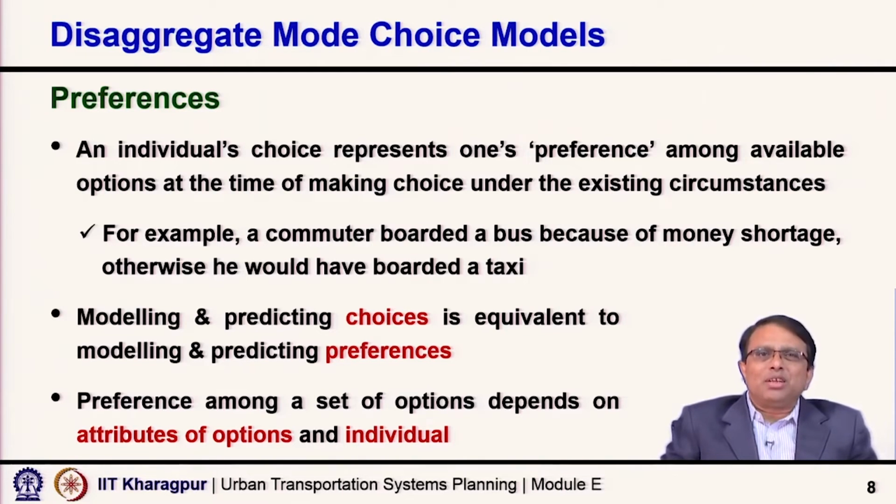So, preference among a set of options depends on, as I have told a number of times, the attributes of options, meaning attributes of alternatives: what is the travel time, travel cost, waiting time, walking time, if you want to use the different modes of transport which are available to you, and also the attributes or characteristics of the individual: what is the decision maker's income, age, gender, trip purpose and so on.